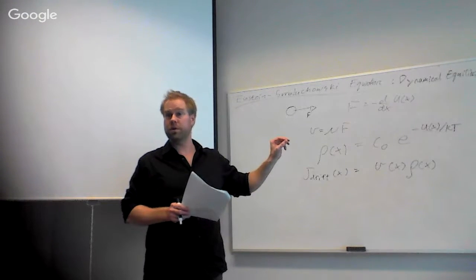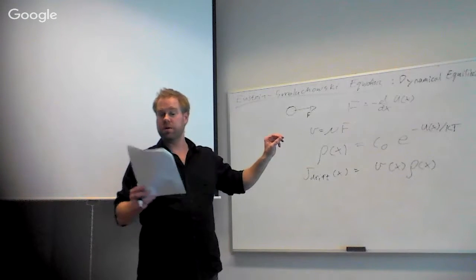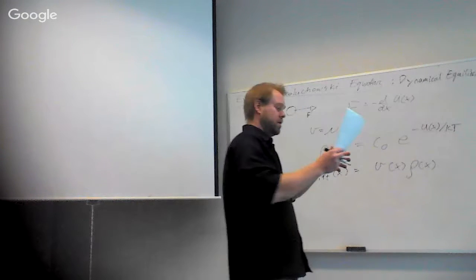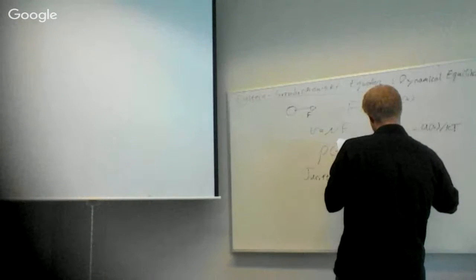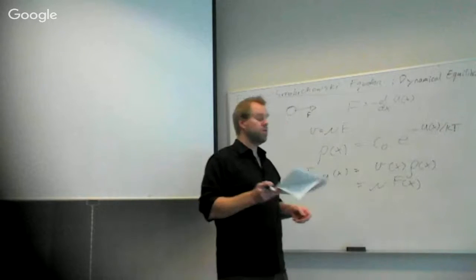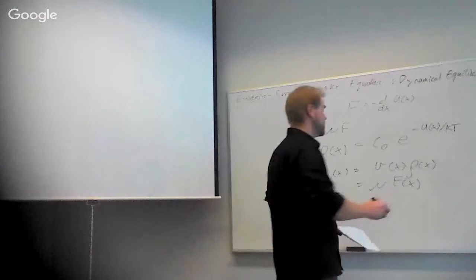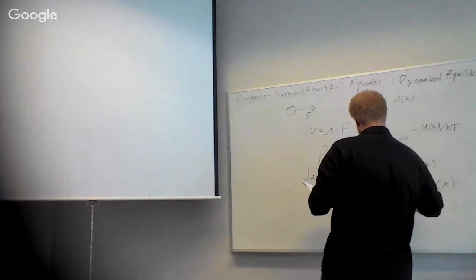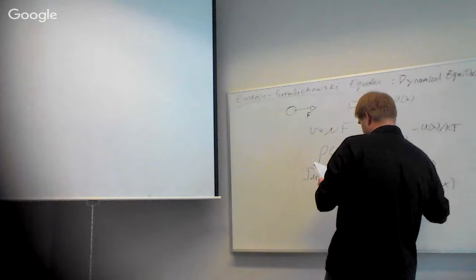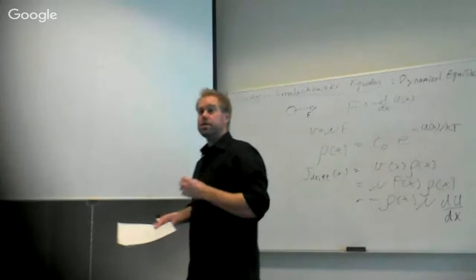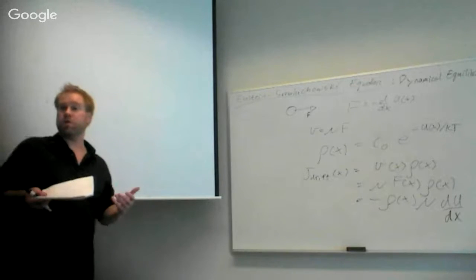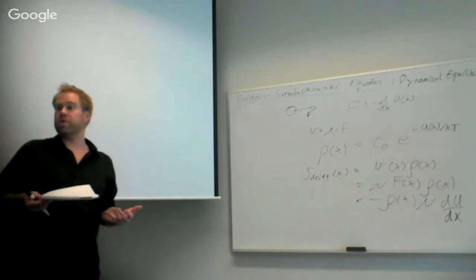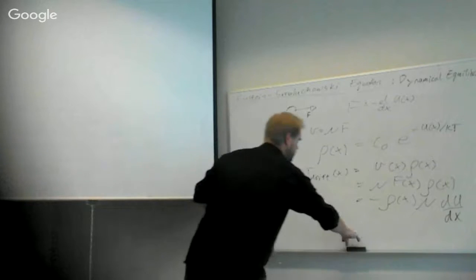All right. Well, this velocity we can express as mu, the mobility, multiplied by f of x, times rho of x. This we can say is negative rho of x, mu du dx. So that is our current of particles due to drift, in other words, due to the external potential.